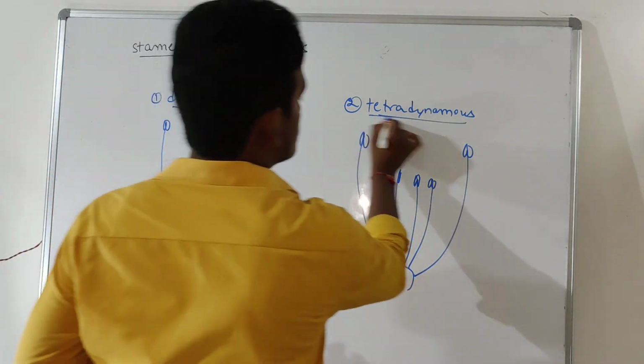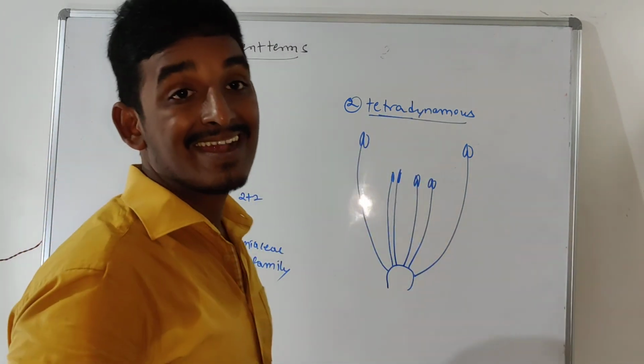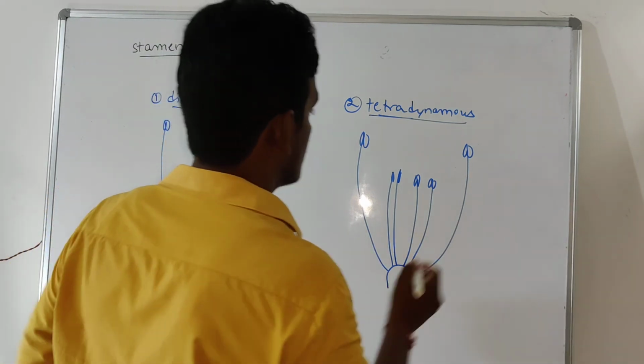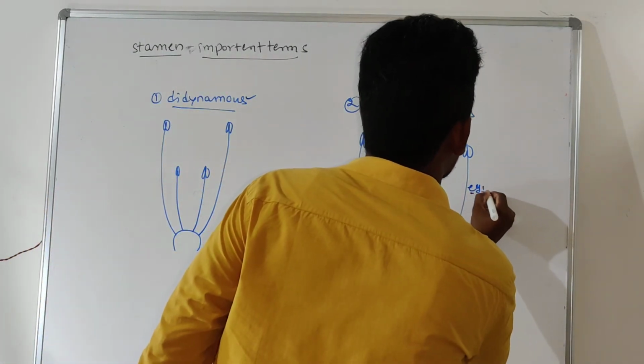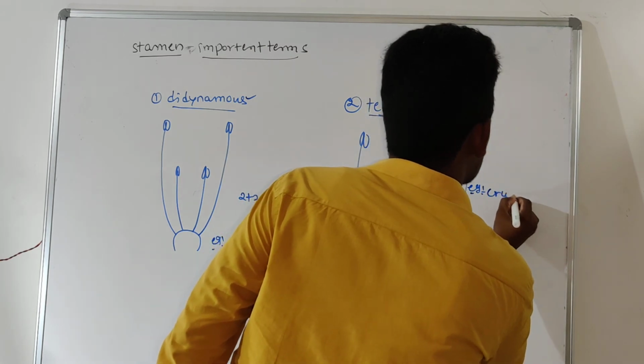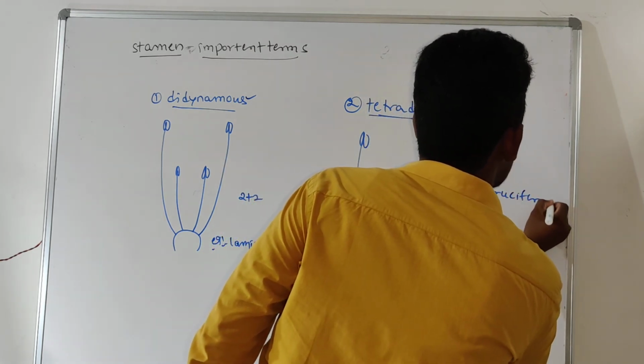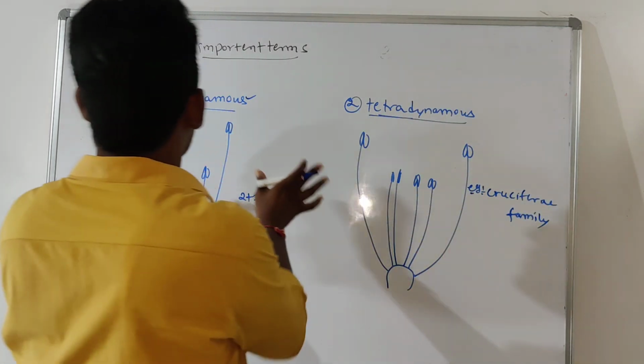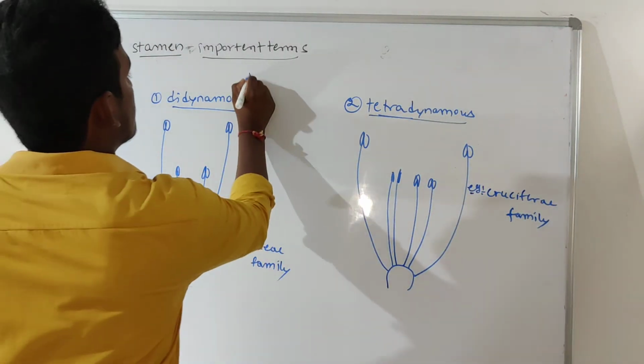So the type of condition we call is a tetradynamous condition. An example for this one is the Cruciferae family. Right, so it is about the length of stamens.